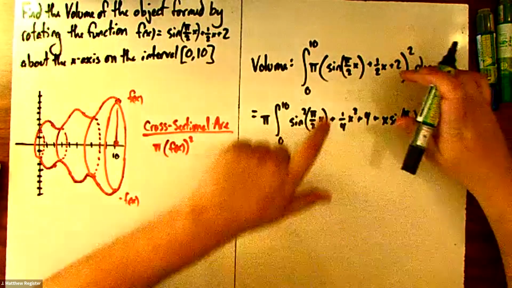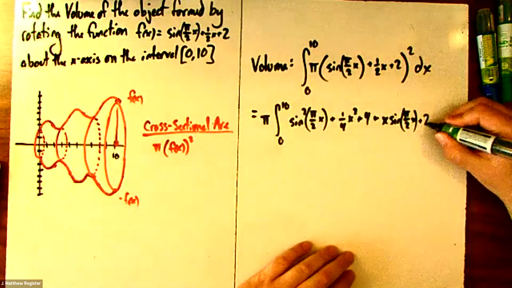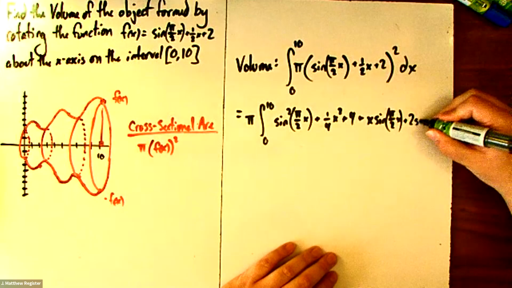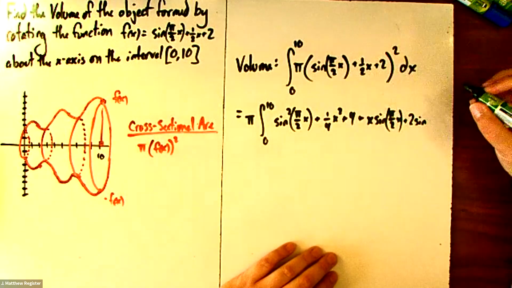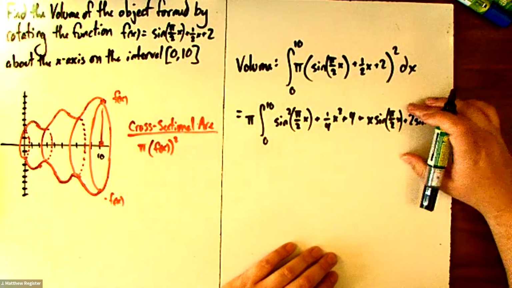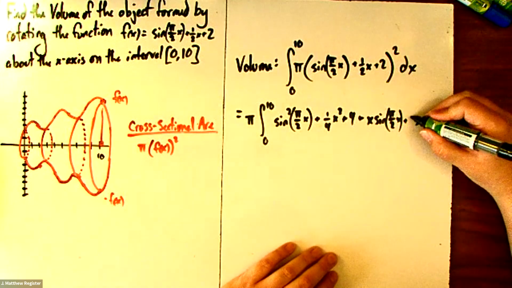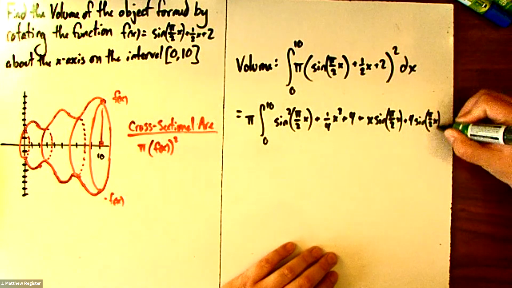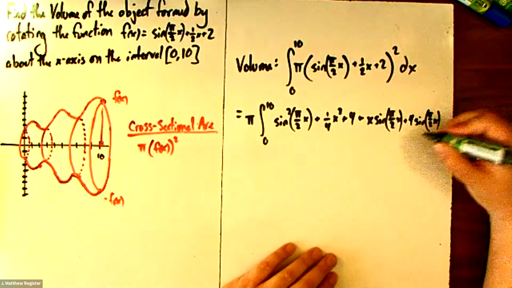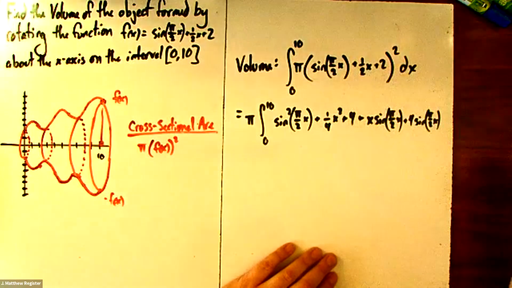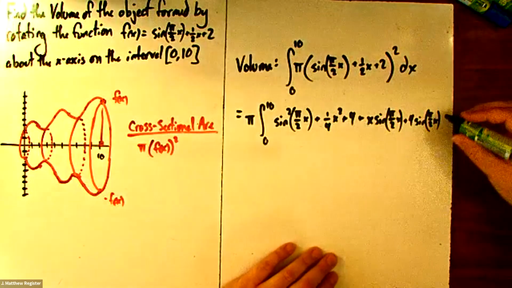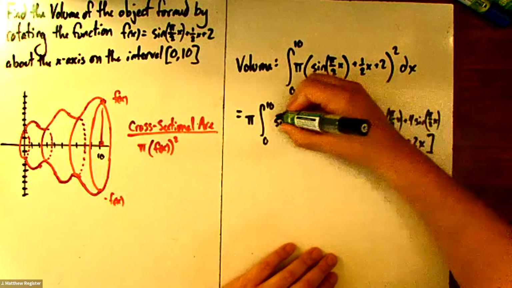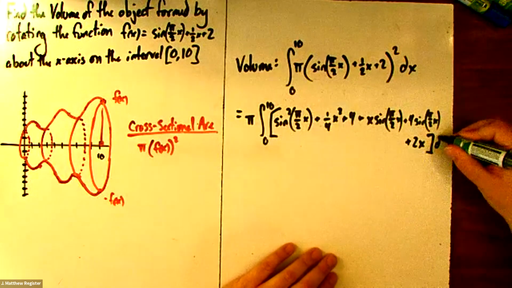Then it's going to be the 2 times it, so plus 2 times the sine of pi over 2x. And we'll have 2 of those, so it'll actually be 4 sine of pi over 2x. And then it's going to be plus this times 2, so that's going to end up being 2x, dx.